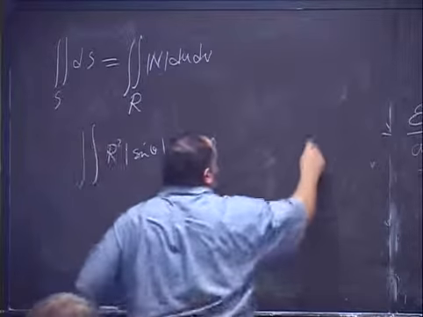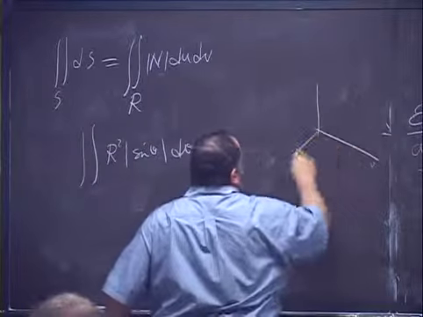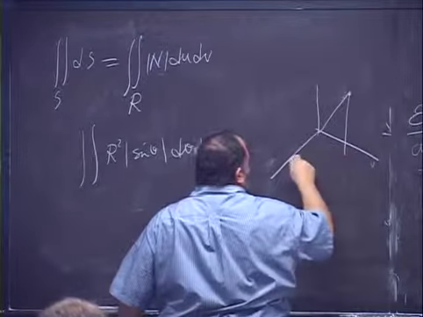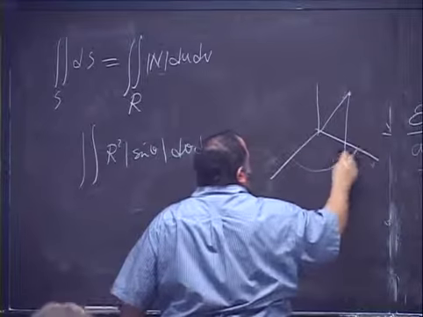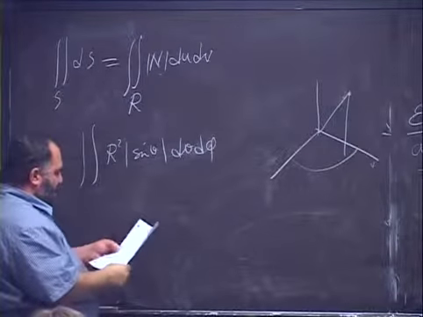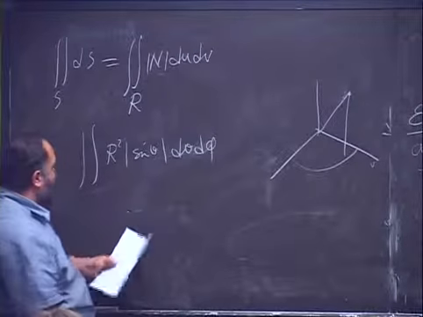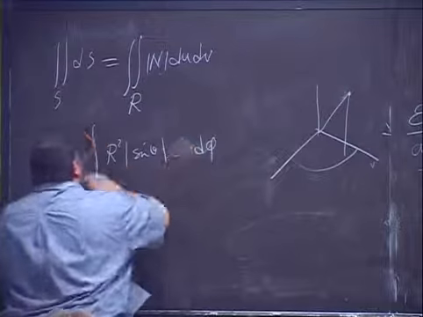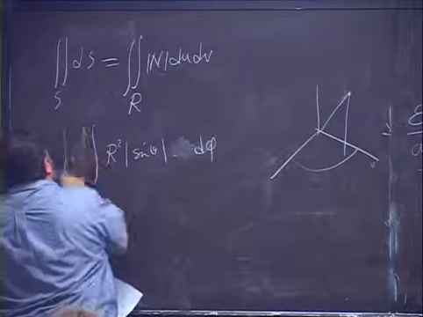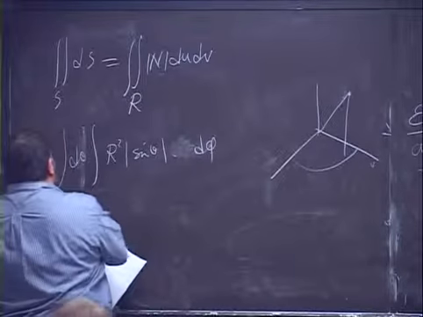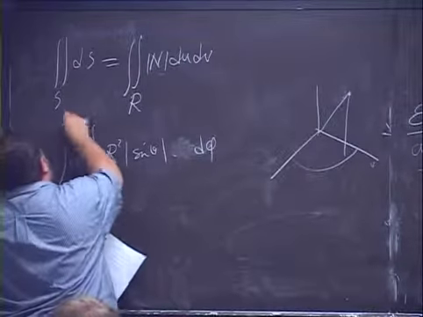On the plane, this is the point here, and you are in the plane, so you will integrate in a plane like this. Delta theta will go from what? Delta theta will be from minus pi over 2 to pi over 2.